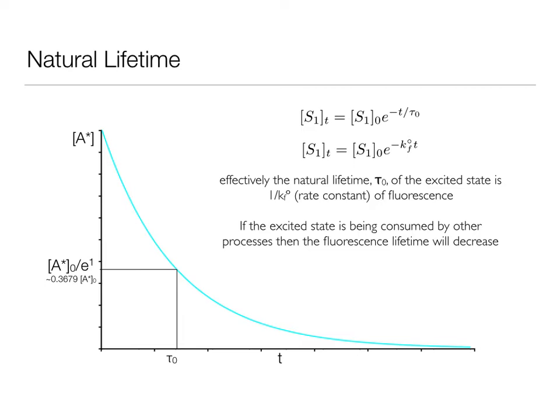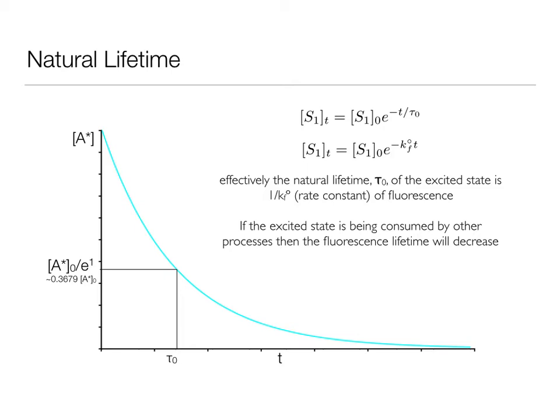It's not a concept that we use a lot, except to say that it links our rate constant for loss of the excited state to something that we can measure more directly, which is the lifetime.